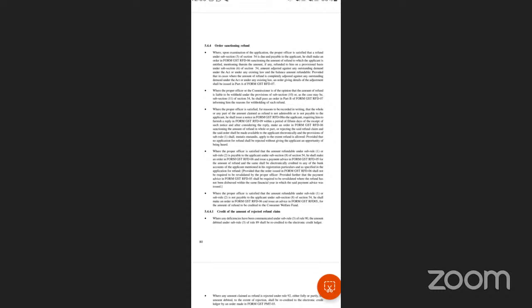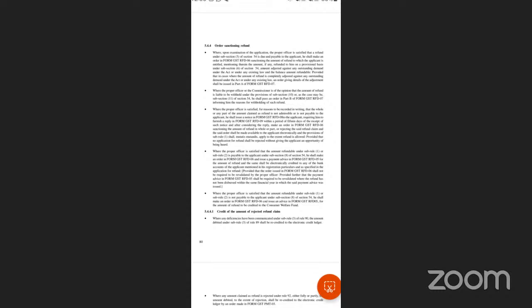Here the proper officer is supposed to be satisfied, then only he will issue an order in the form GST RFD 06. Now coming to part A of the form GST RFD 07, it relates to the amount which needs to be adjusted against any outstanding demand under the Act.